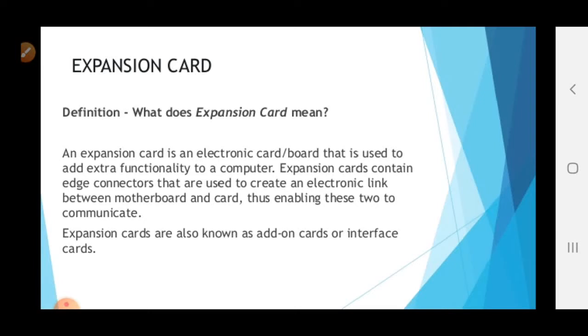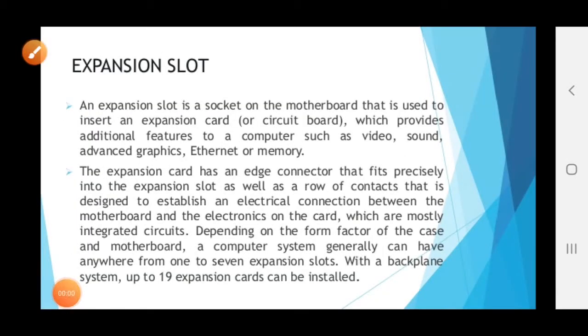Expansion cards contain edge connectors that are used to create an electronic link between the motherboard and a card, thus enabling these two to communicate. Expansion cards are also known as add-on cards or interface cards. Basically, it helps the computer perform some extra functionality. Definitely, if we want to insert an expansion card, we need an expansion slot also in the system unit.